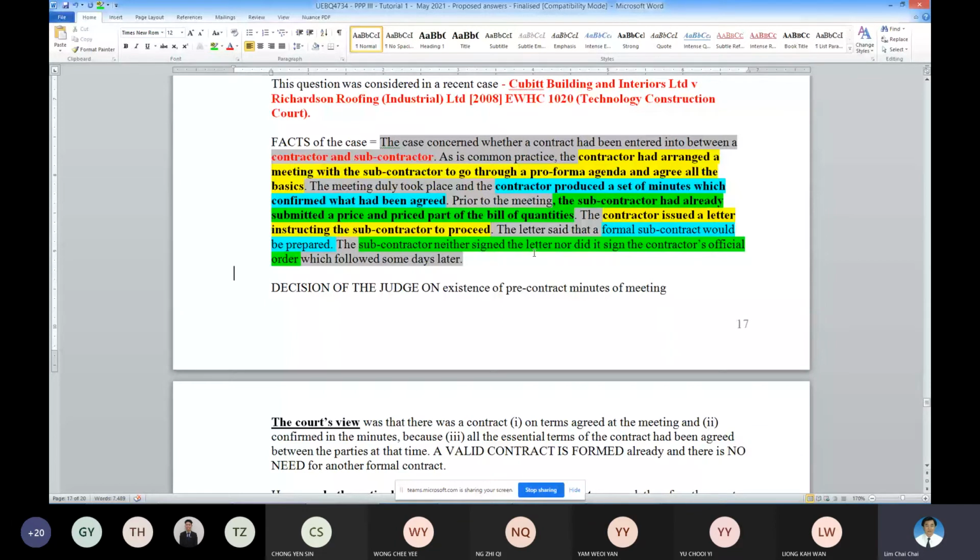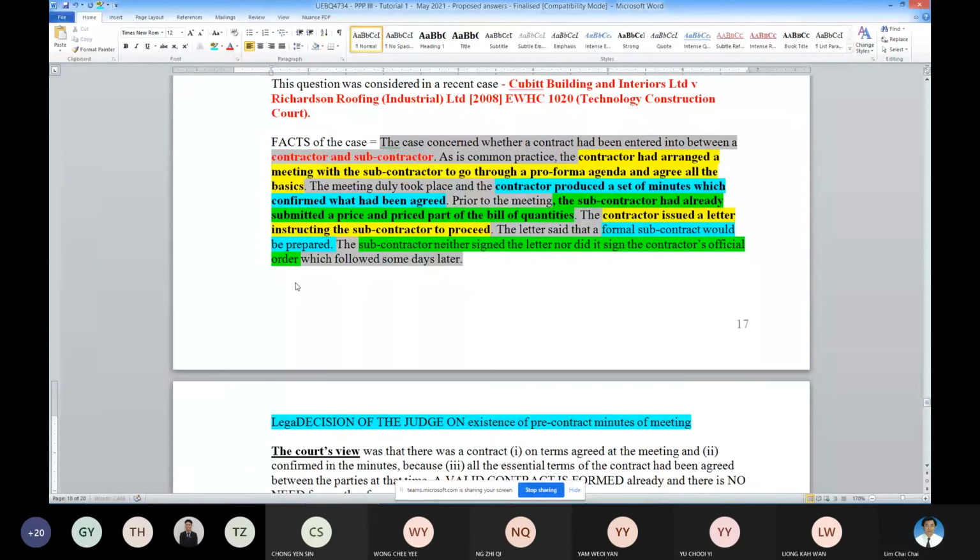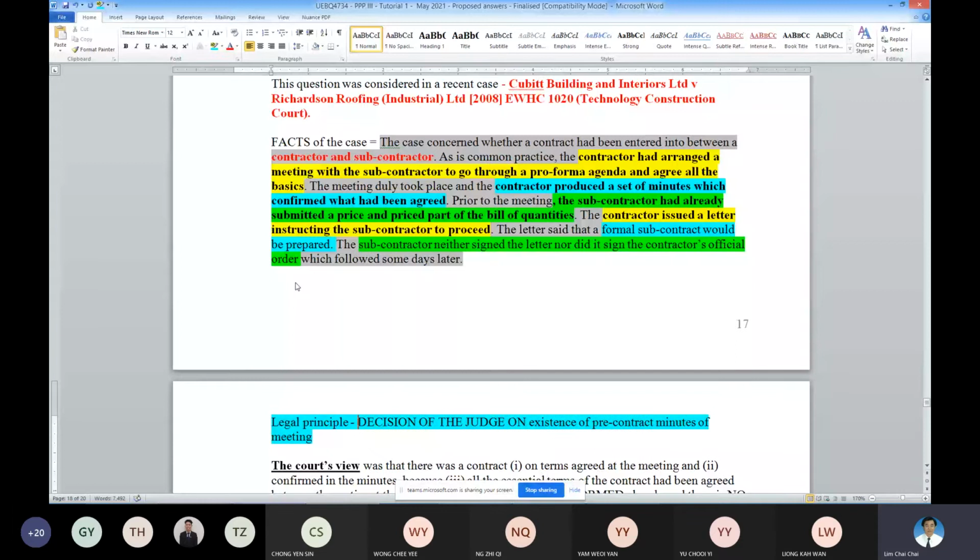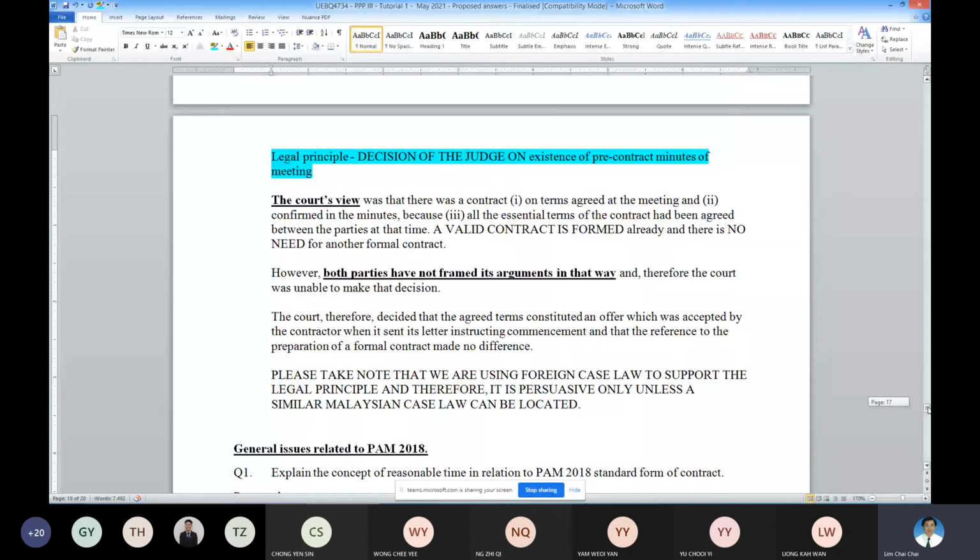So this is the legal principle: whether the minutes of meeting can form a contract or not, even though the offer by the contractor is not being accepted. So this is the court's view on legal binding. Okay, so what does the judge analyze?